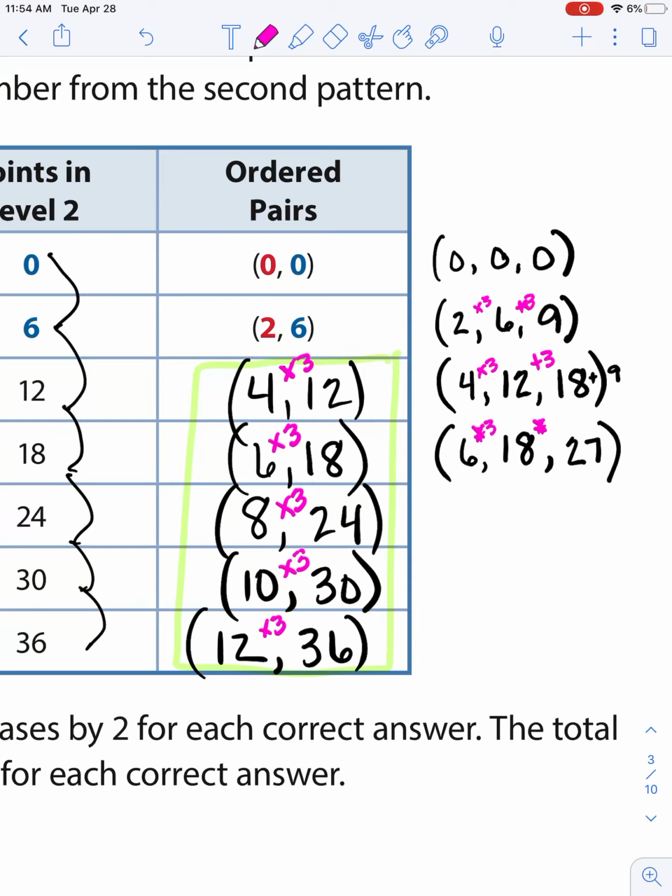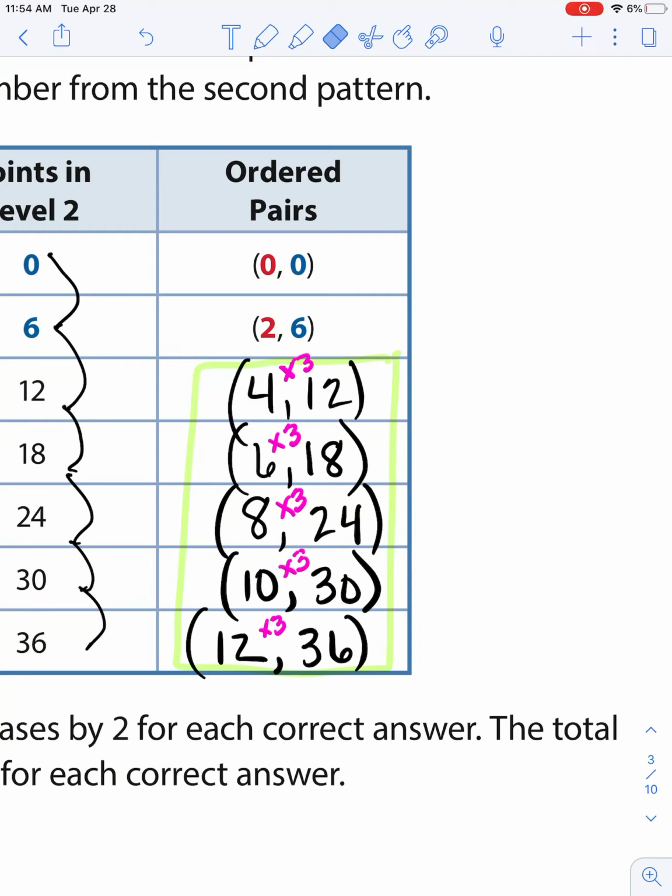So look, these are, hold on, let me erase. Oh no! These are multiples of 3. Look, 6, 18. This one will be 4, 12, 2, 6. Level 3 would be 9 points.